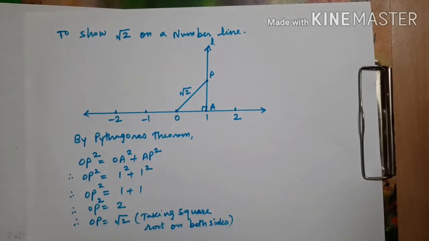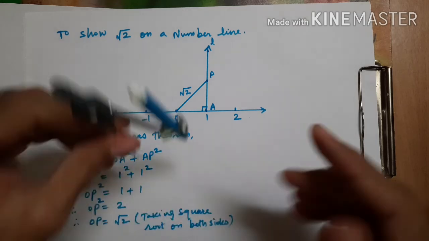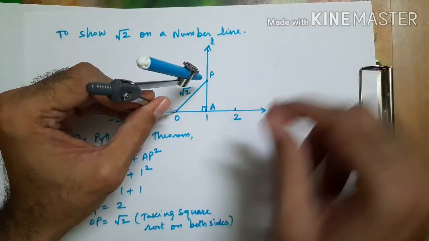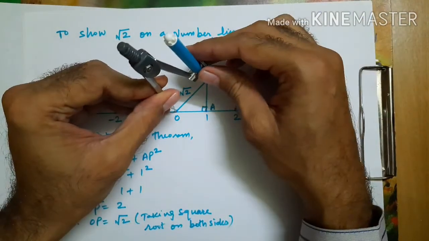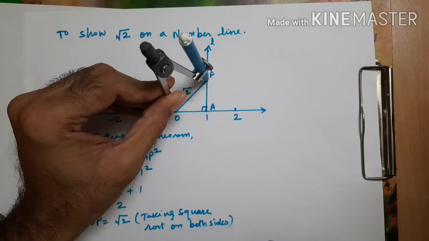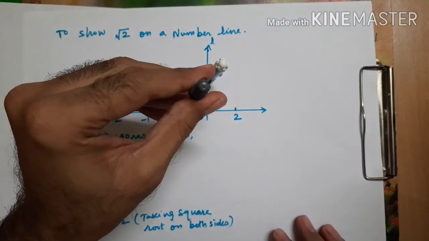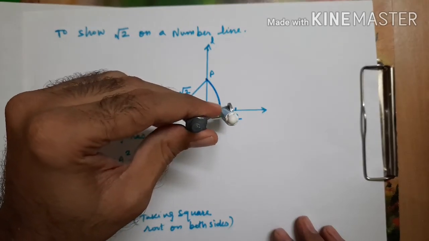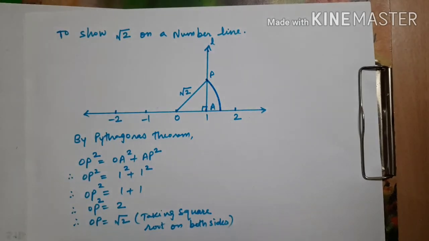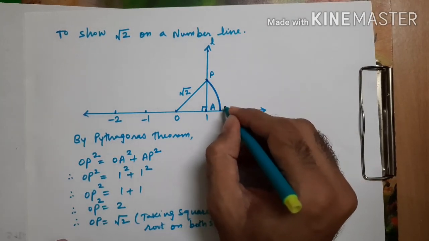Now what we'll do, we'll take compass and, taking point O as center and distance equal to OP, we'll draw an arc so as to get point Q at this intersection point.